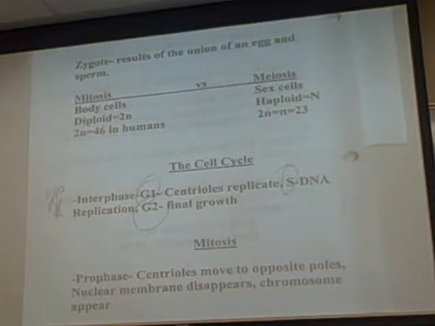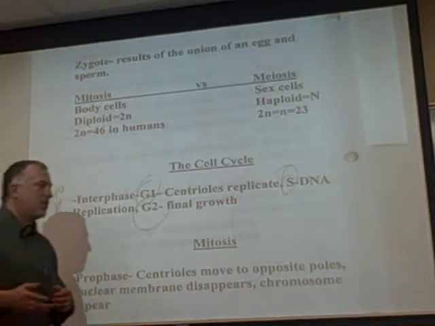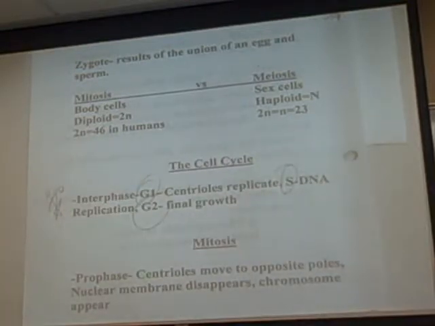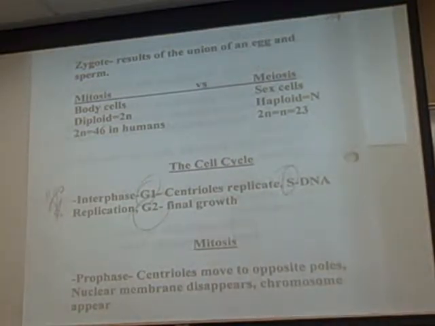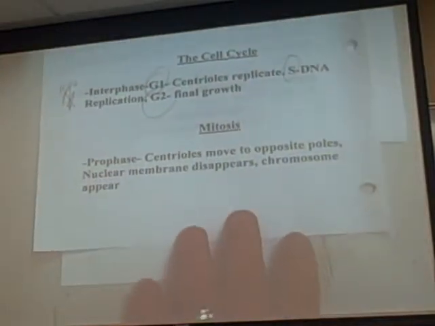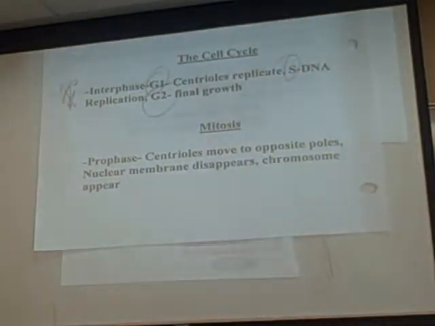So if I ask you on the test, what are the phases of the cell cycle? You're going to start with what phase? Interphase, and then go through mitosis. If I ask you just the phases of mitosis, you will start with prophase. So we need to know what goes on with each one of these. Question: if you want the stages of the cell cycle, do you want us to break down interphase, or do you just want the 4 phases?